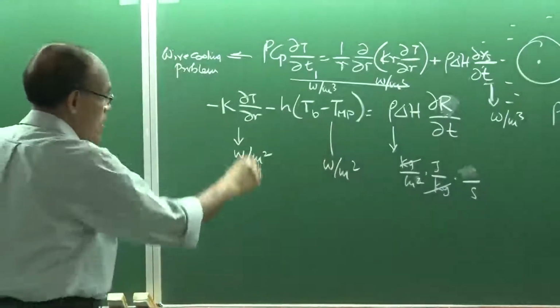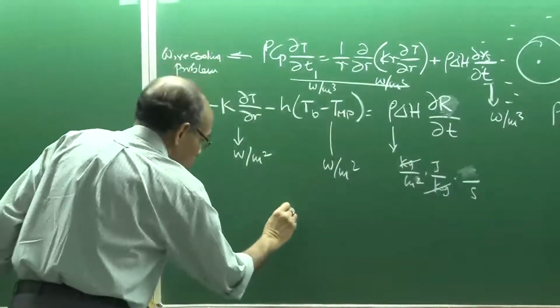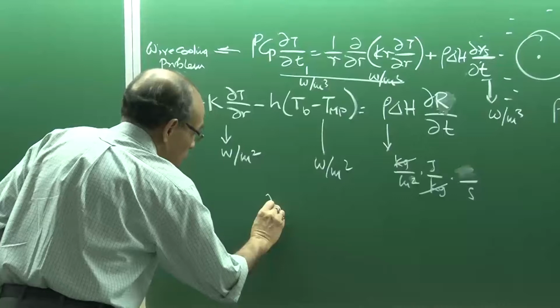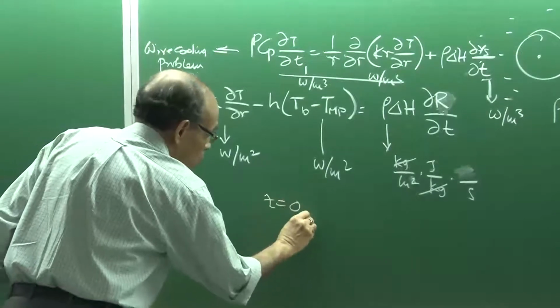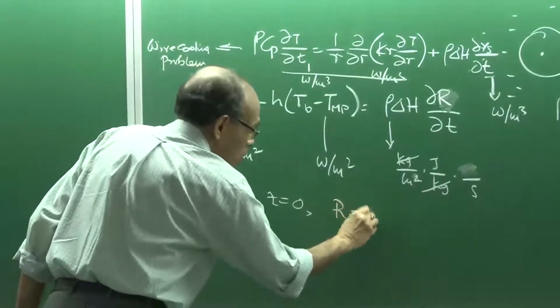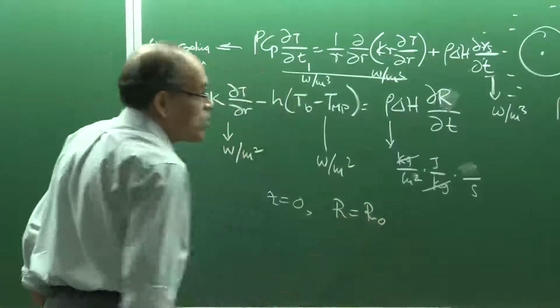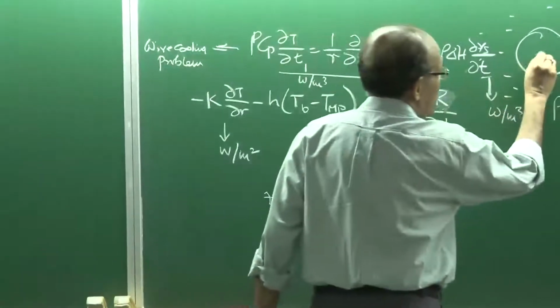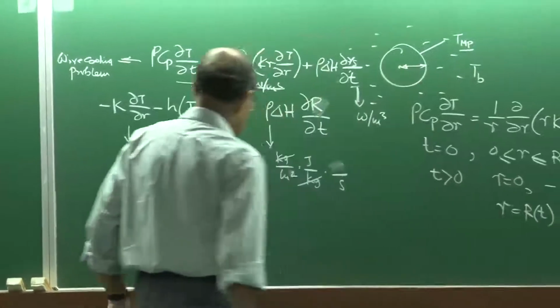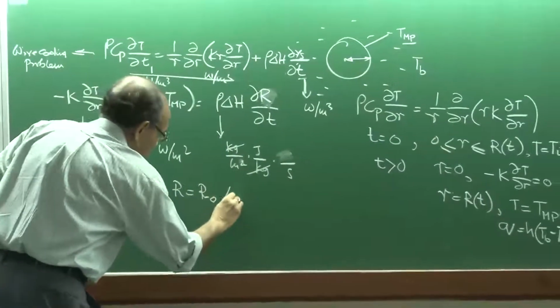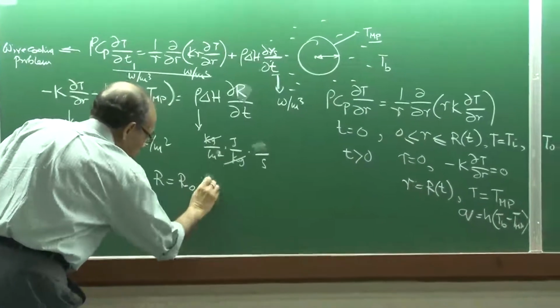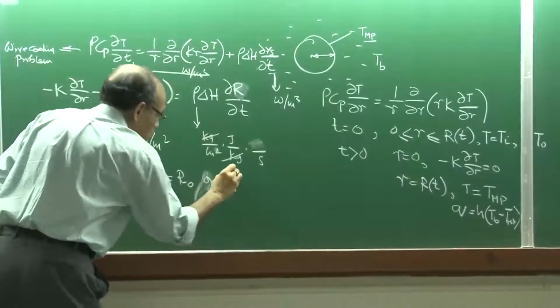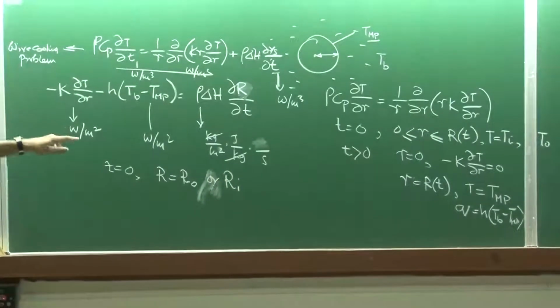So now this is the equation, boundary condition, and initial condition: at t equal to 0, we have r equal to r0, the initial radius of the sphere, or I would say ri, which is known to us. So now I have a complete statement.